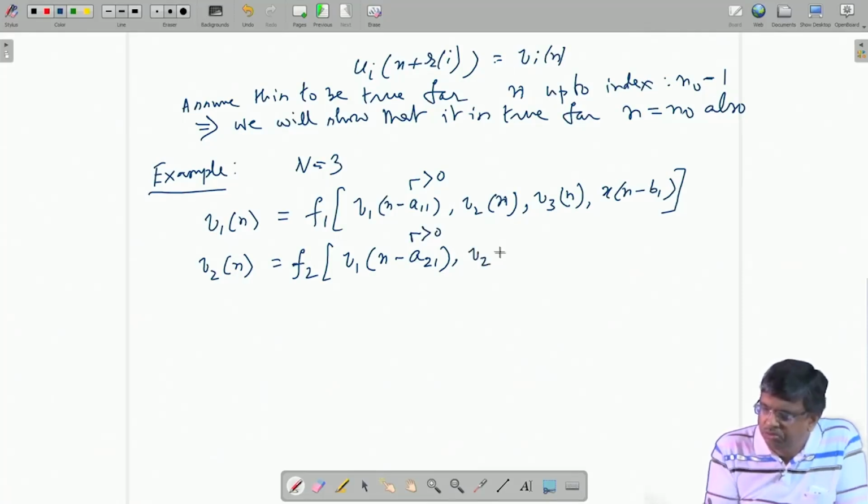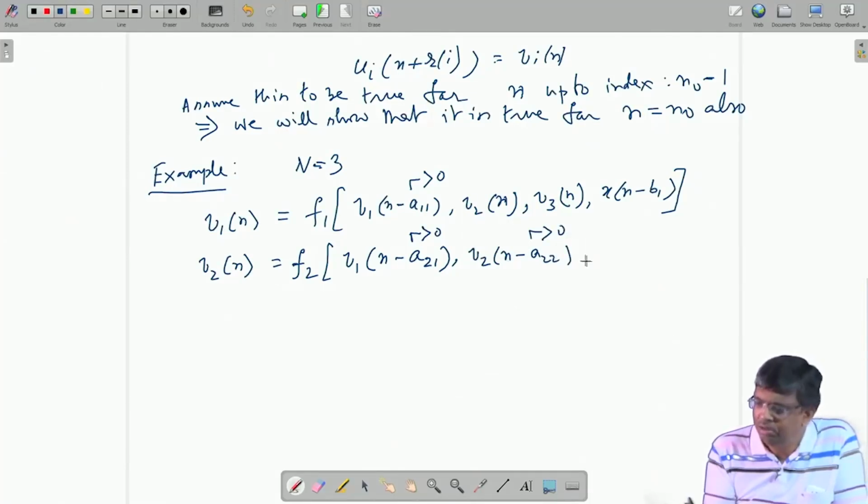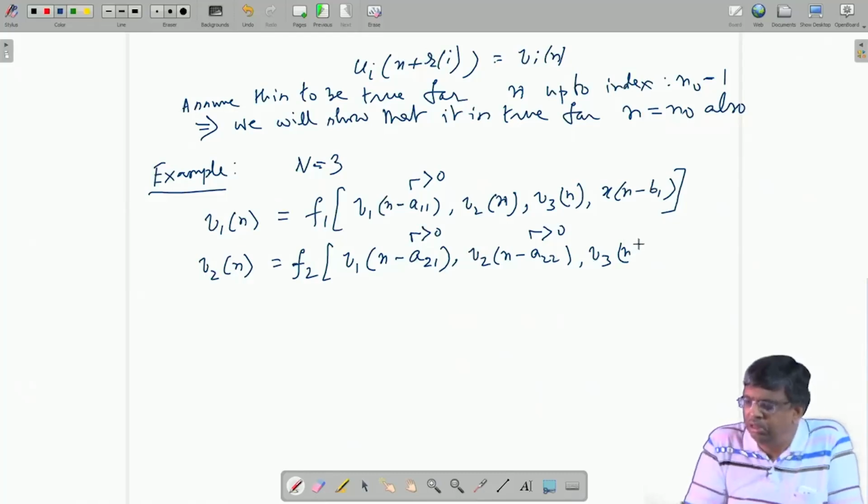Then V2 is a self loop, n minus A22. So, A22 must be greater than 0, as I told you, every Aii greater than 0. Then V3, again here V2n is a function of V3 n minus, ideally it should be A23, 2 is the destination, 3 is the source, A23. In this case A23 can be positive, can be 0.